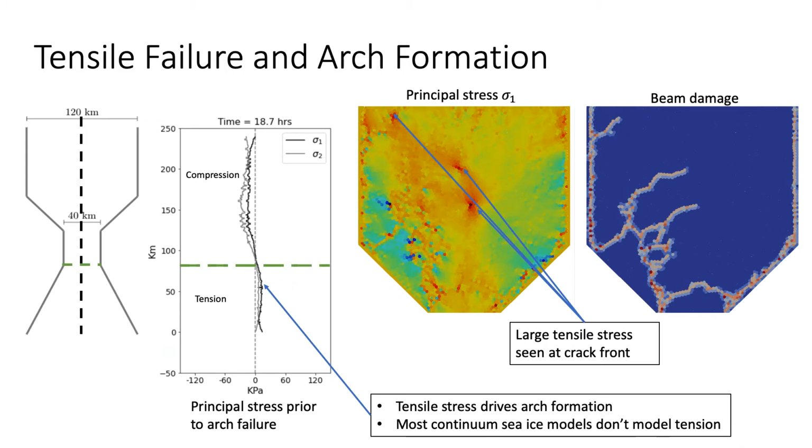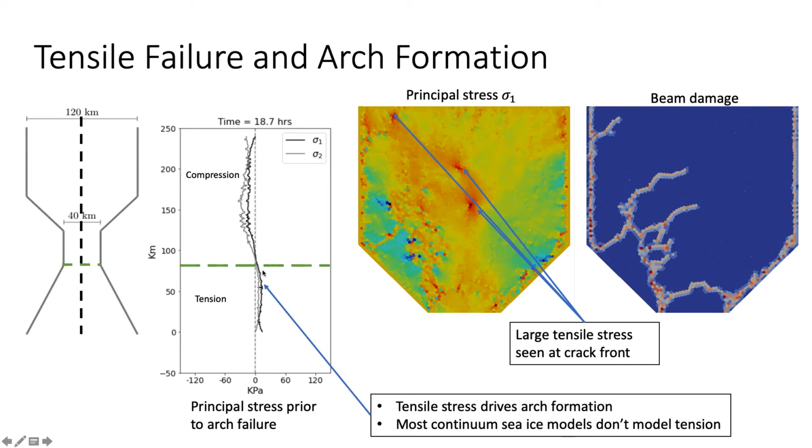Okay. Because we use this non-local failure method, we can calculate the non-local stress acting on each particle, and then calculate the principal stresses. And so what we're showing, similar to our velocity plots previously, is plotted along this center line again, the two principal components of the stress tensor.